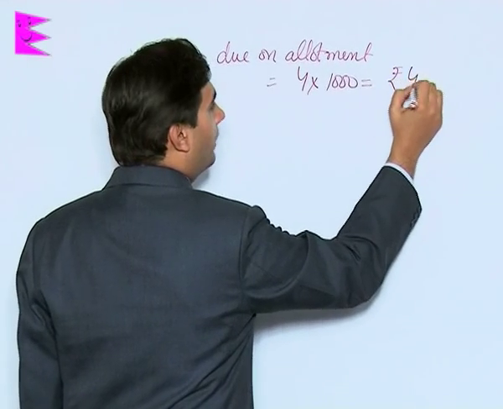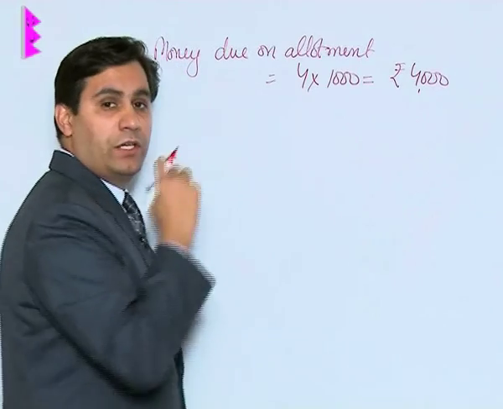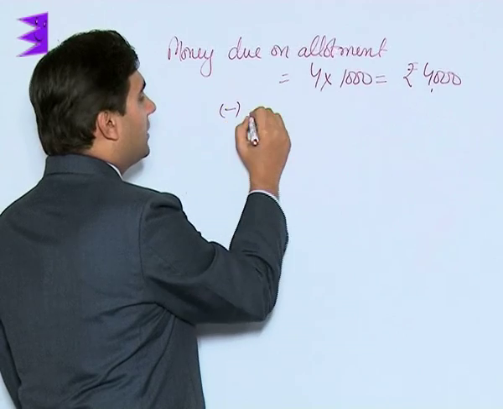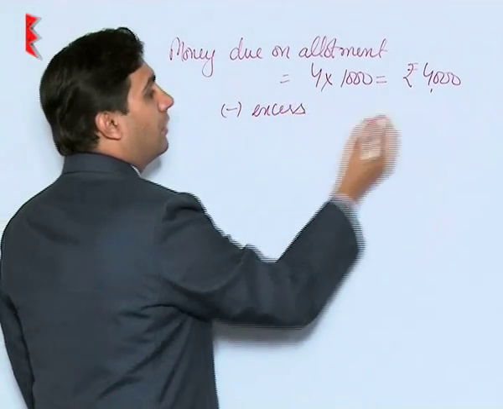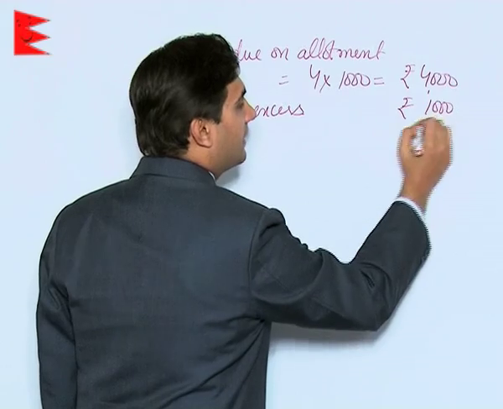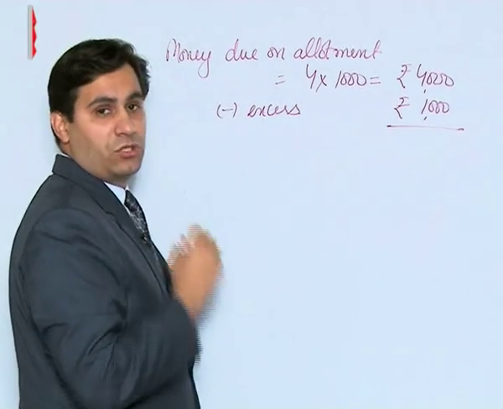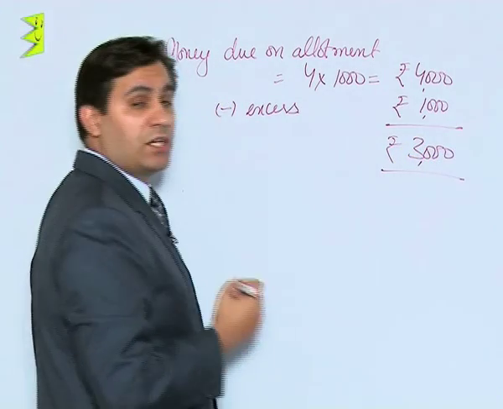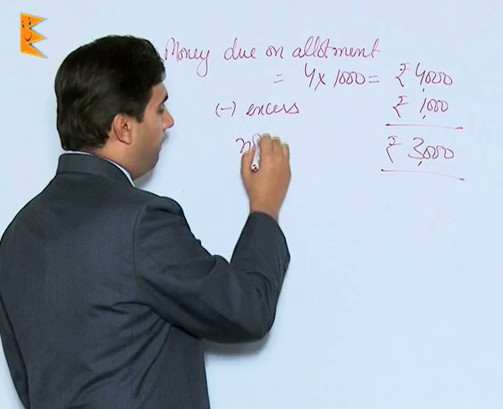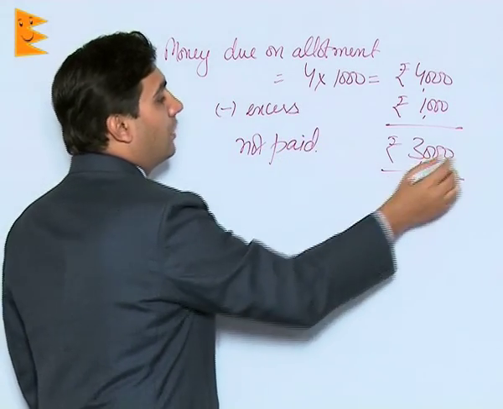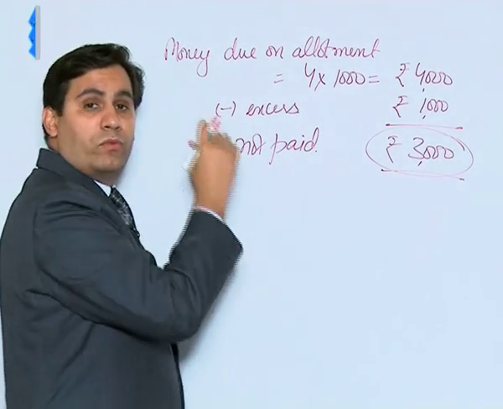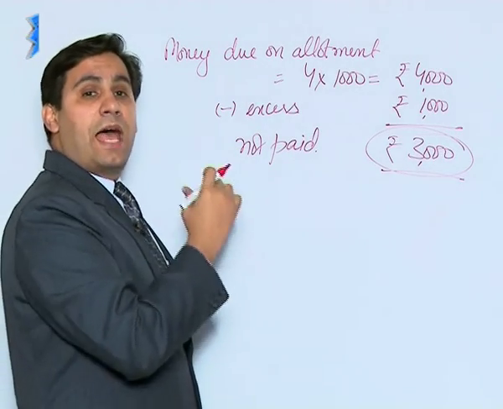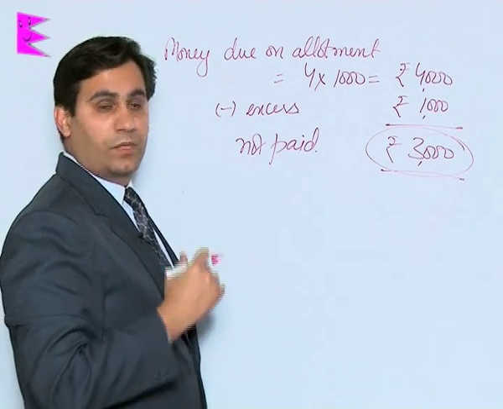That means money due on allotment was 4000. This person was supposed to pay us 4000 at the time of allotment. But out of this, we had already adjusted rupees 1000 that he had paid excess at the time of application. That means we were supposed to receive 3000 from him, which he has not paid. And this amount of 3000 that was supposed to be received from him at the time of allotment still stands as payable in his account, right?